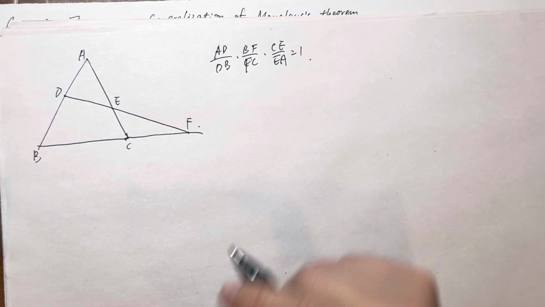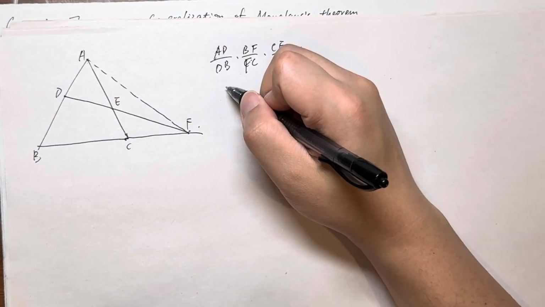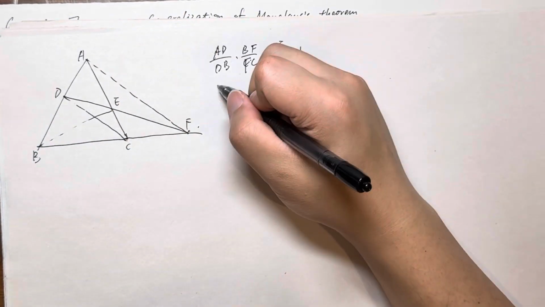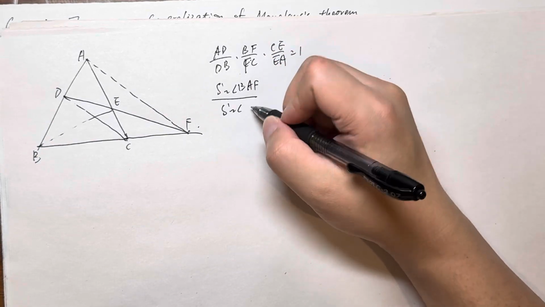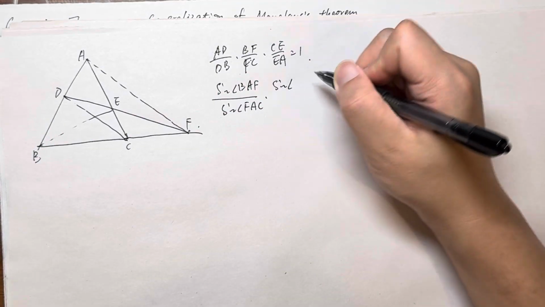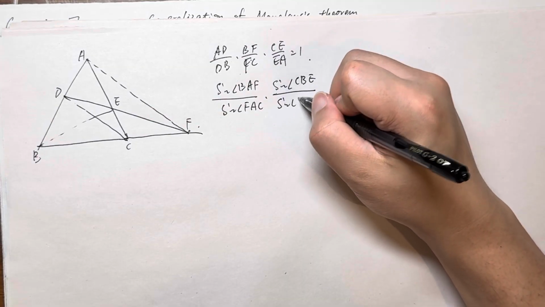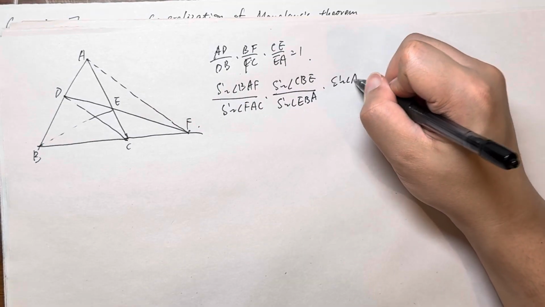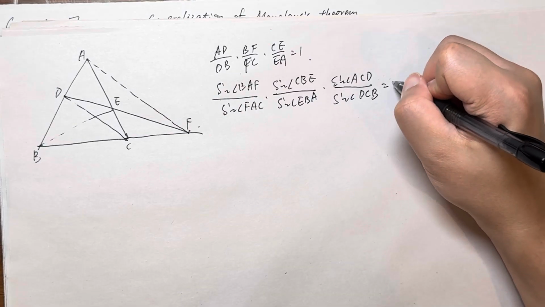And for the first angle form, that is the same: sine angle BAF to sine angle FAC, times sine angle CBE to sine angle EBA, times sine angle ACD to sine angle DCB, equals 1.